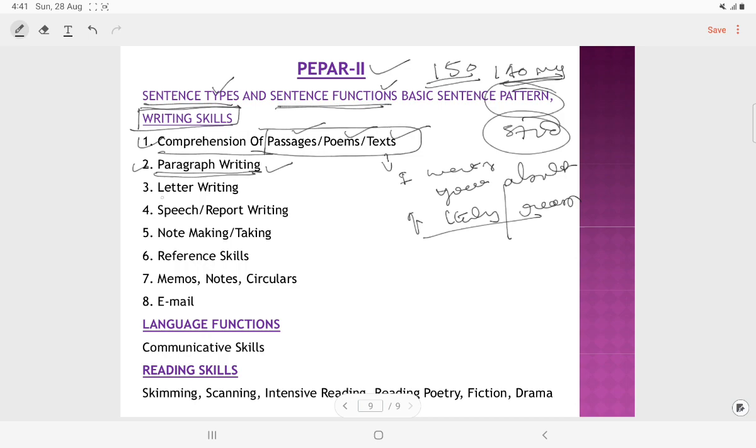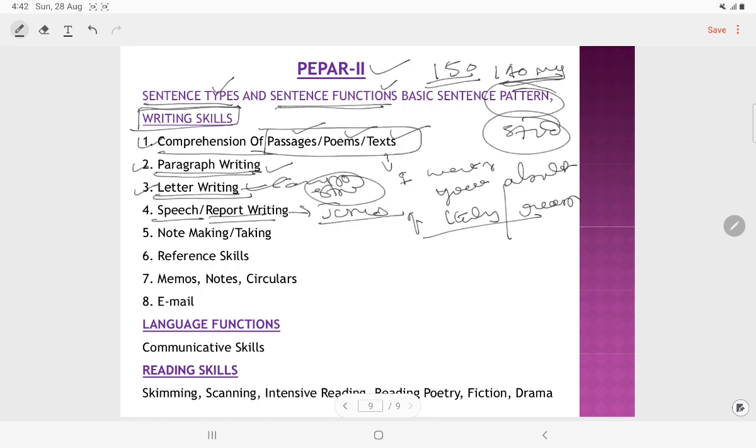Next, letter writing. We have been learning it since our matriculation level. Anyway, we need to study the important components of letter writing, especially the structure. Next, speech or report writing. It is like journalistic work, a very easy way.